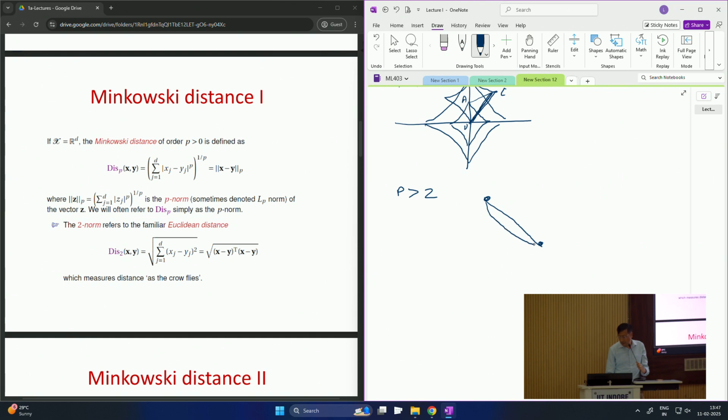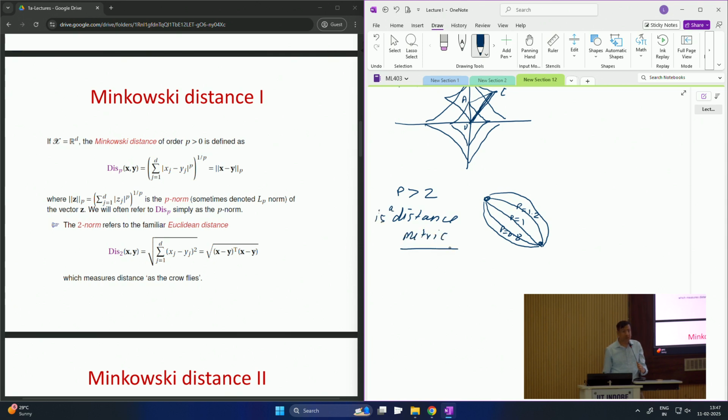If P is getting lesser, then it is becoming a curve inside. If P is getting greater, then it's going an outside bound. So this is P equal to 1, this is P equal to 0.8, this is P equal to 1.2. So this goes like that. Anything P greater than 2 is also a distance metric, although we don't prove it.